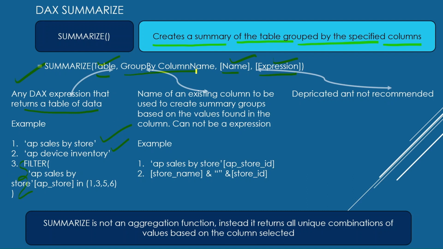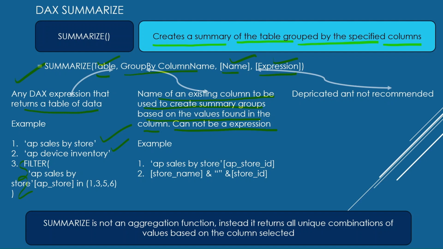This is the group by column. It is the name of the existing column used to create a summary group based on the values found in the column. It cannot be an expression. So the group by column name is the name of a column which is present in a table.